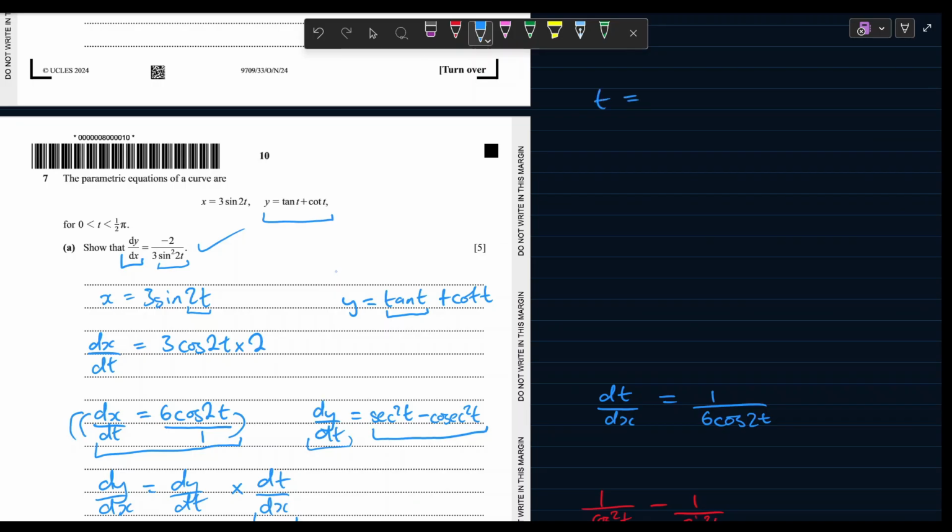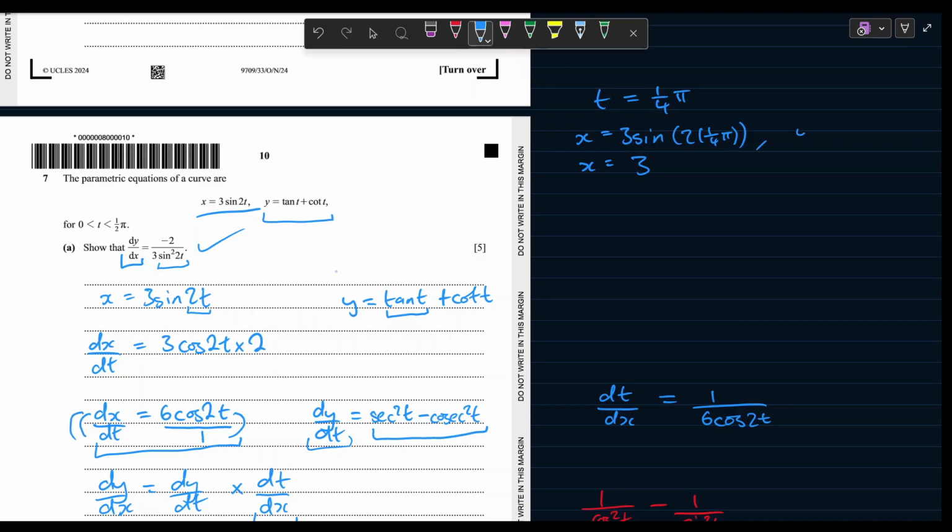We're saying at t is a quarter pi, our x is going to be equal to 3 sine 2 times a quarter pi. So x is equal to, punch that into the calculator, 3 sine 2 times a quarter pi. Make sure that your calculator is in radians, and you should get a 3.